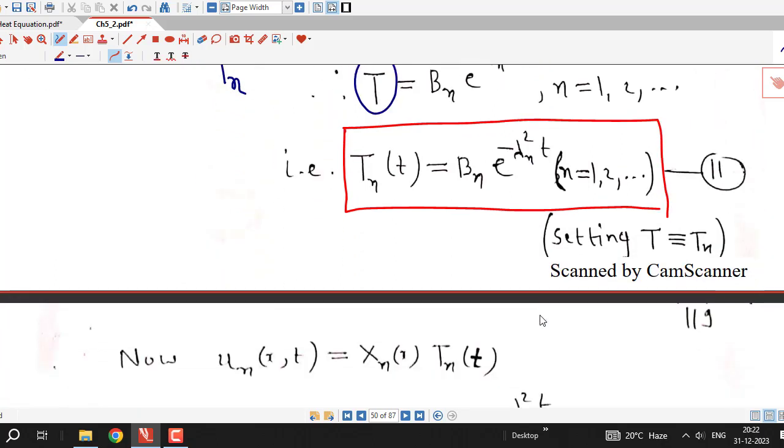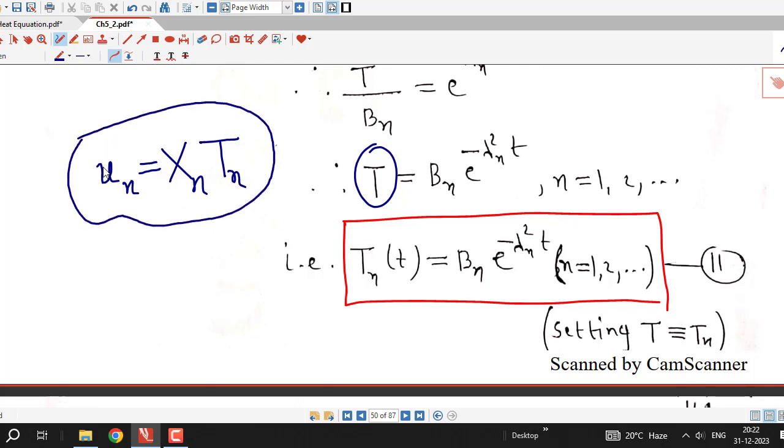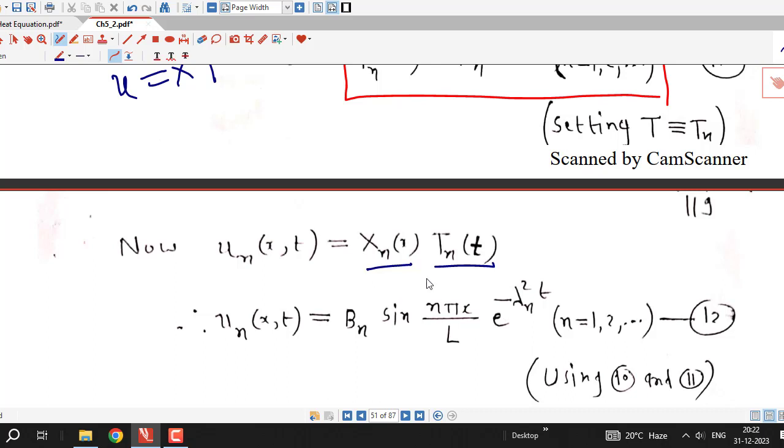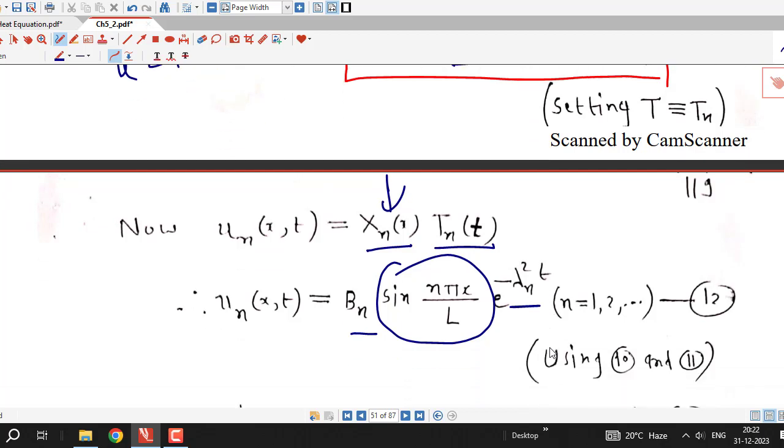So we have obtained the values of these functions Tn, and Xn is also obtained. So if we consider the product of these two, and our solutions are in this form, u equal to X into T, and the product of this is denoted by u suffix n. So in the next step, we write down un(x,t) equal to Xn(x) times Tn(t). Xn(x) was this quantity, sin n pi x by L. This is Xn, and Tn is bn times e raised to minus lambda n square t.